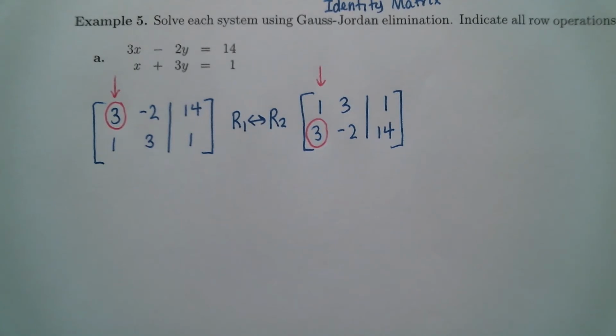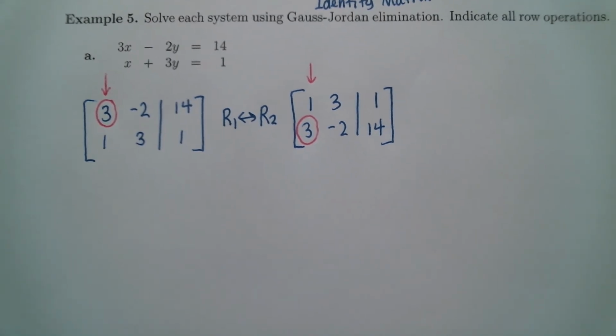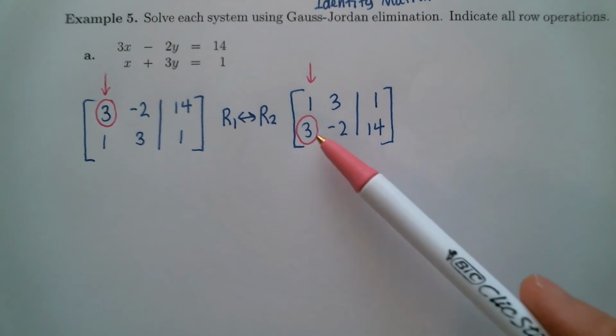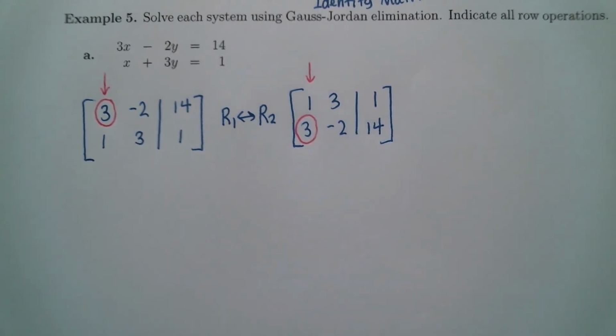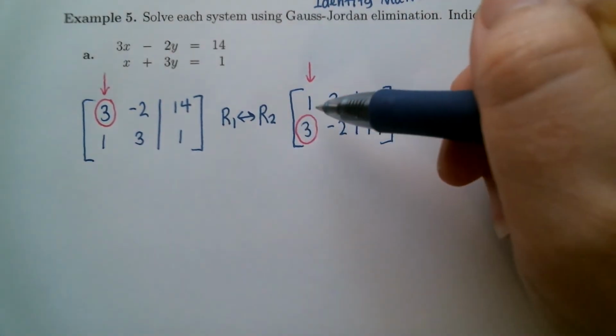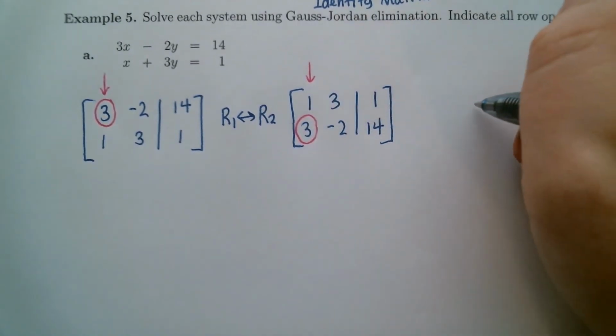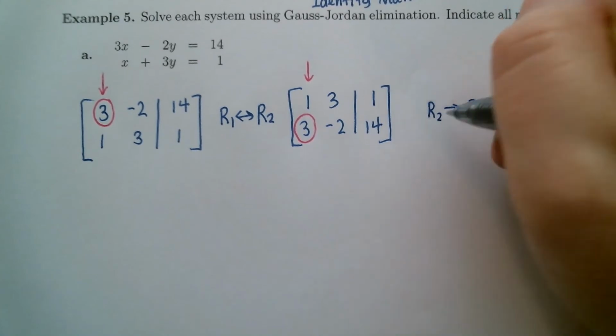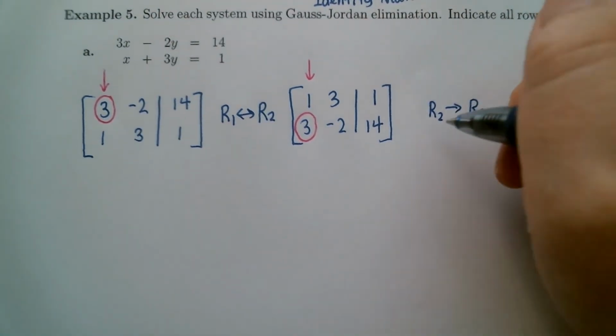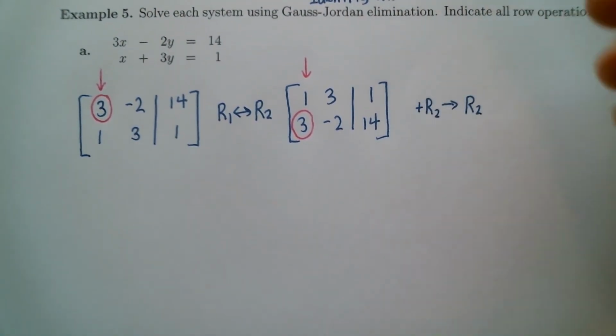All right, so here's how it works. I want this to be 0, but there is a 3 there. Well, what would cancel out a positive 3? A negative 3. So remember, I want to change the second row. What I can do is add back to the second row a multiple of another row.